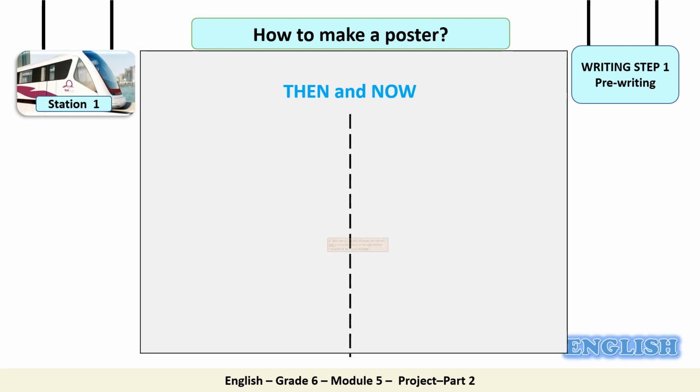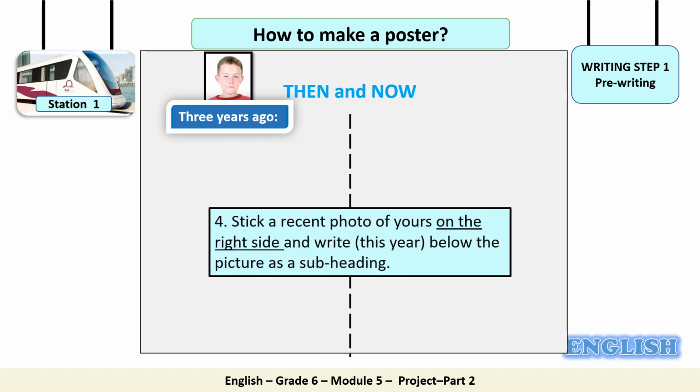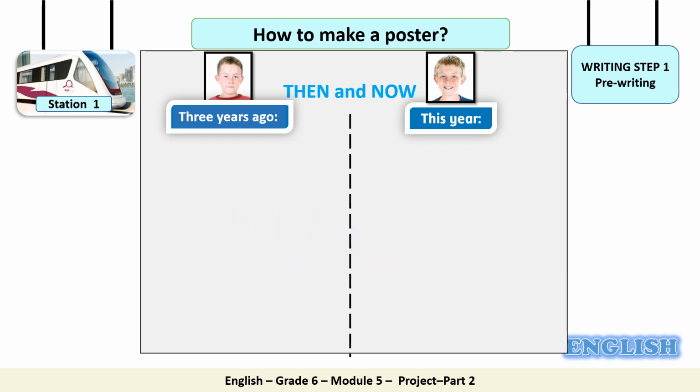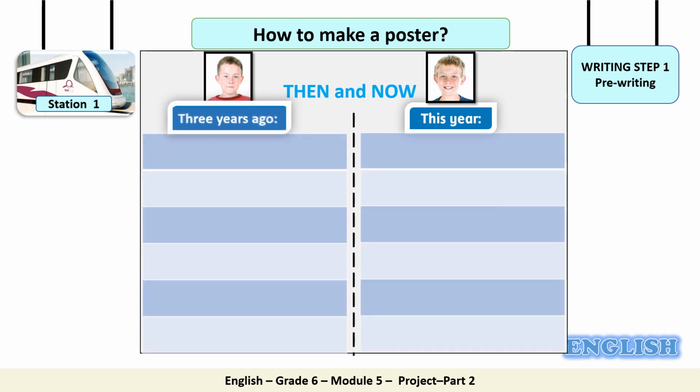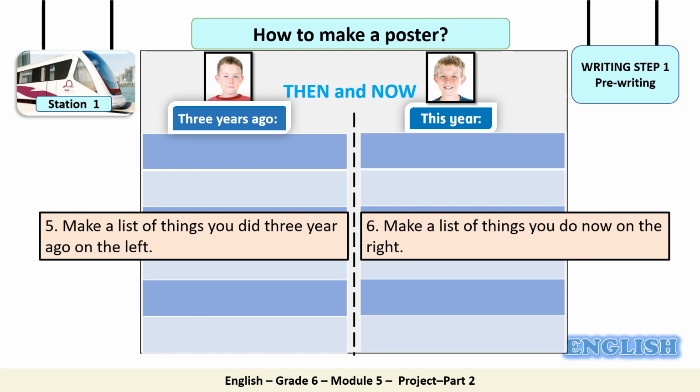After that, stick an old picture of yours on the left side and write 3 years ago as a subheading. Then stick a recent one on the right side and write this year as a subheading. Finally, make a list of things you did 3 years ago on the left and a list of things you do now on the right.